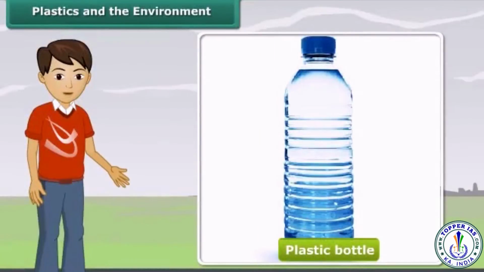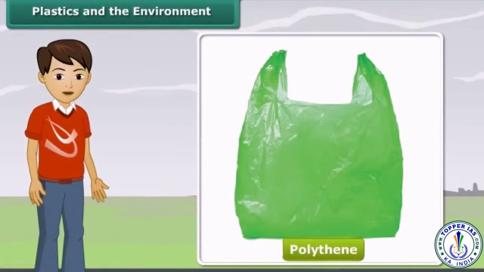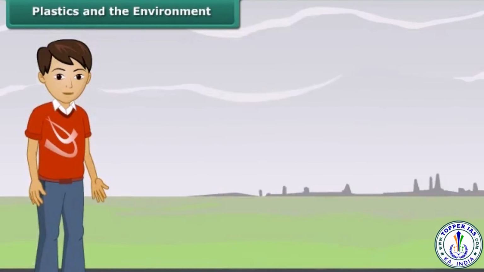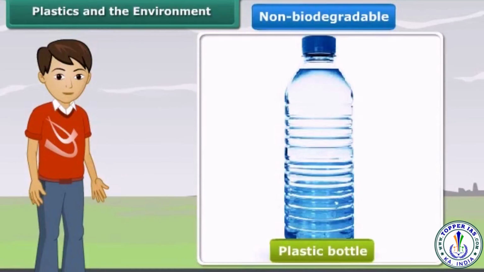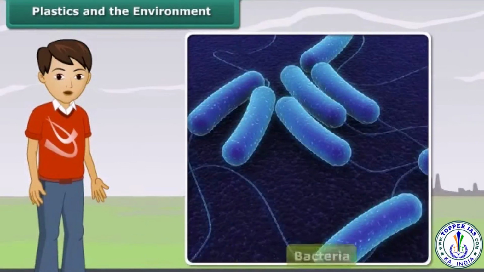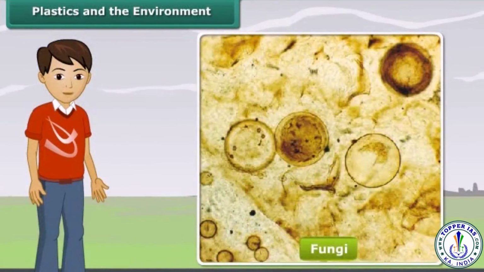Can we imagine a life without plastic? No, we surely cannot, because it is an alternate resource in the times of our dwindling natural resources. But what price have we paid for it? We know that plastic, being a synthetically derived substance, is non-biodegradable, since the enzymes required for its decomposition are absent in the decomposers such as various bacteria and fungi.